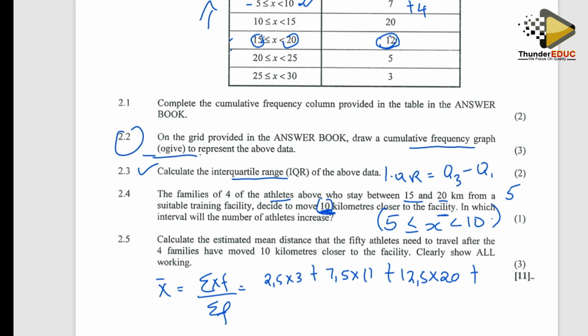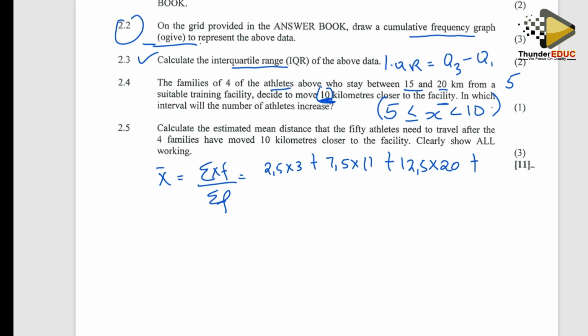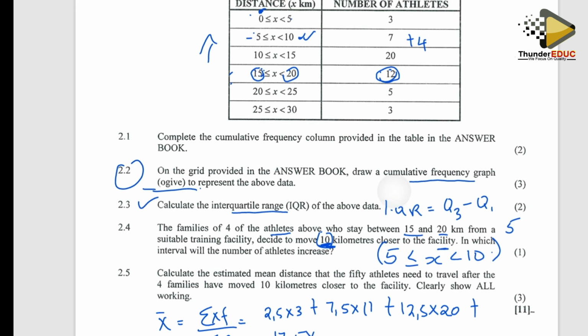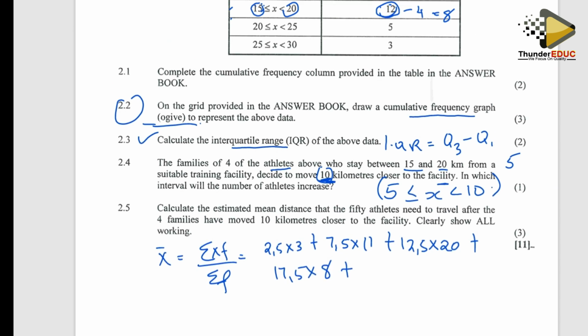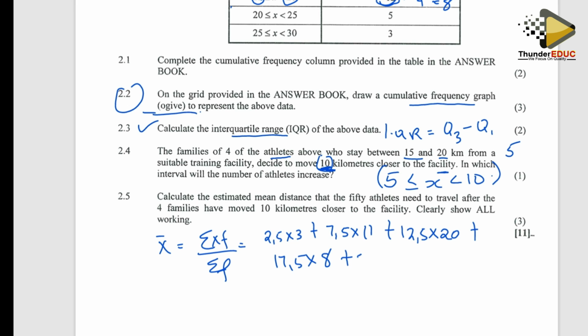Plus the next category is going to be 17,5 multiplied by, now we're going to subtract our 4 people, which now leaves us with 8. Plus now the next category, which is 22,5 multiplied by 5, plus now 27,5 multiplied by 3.